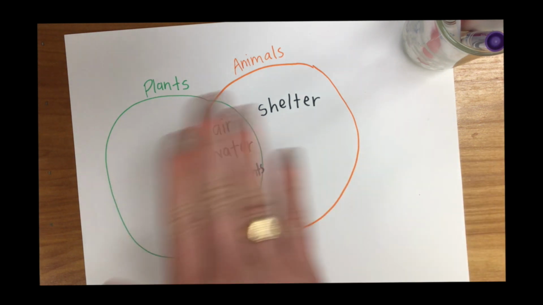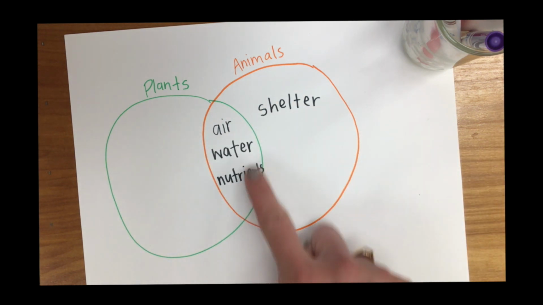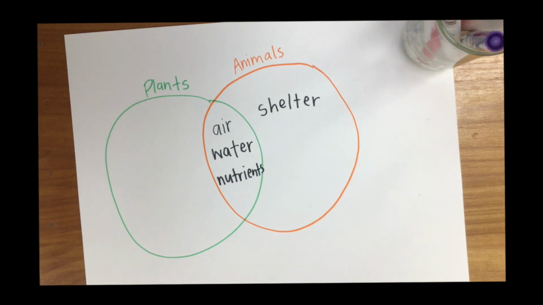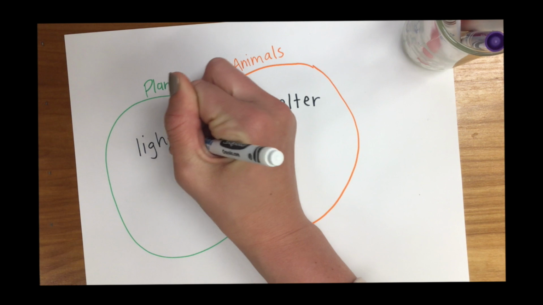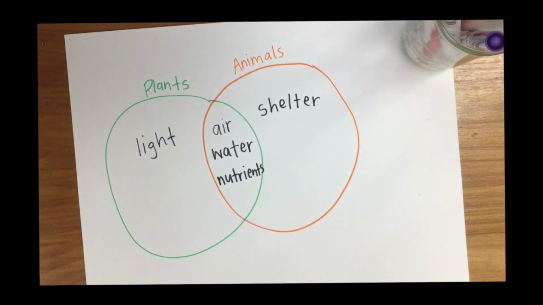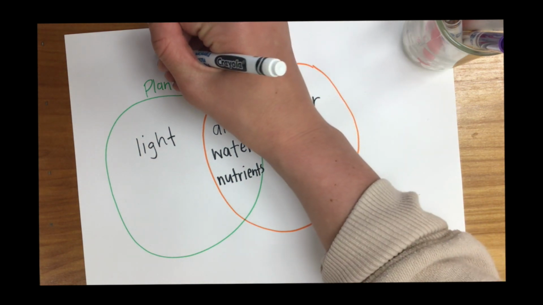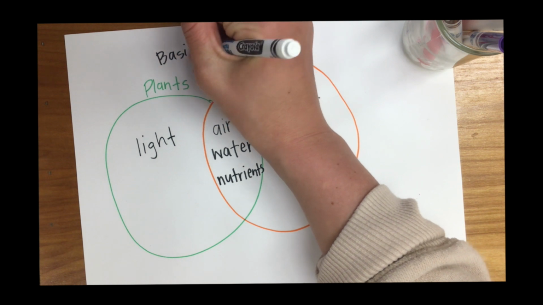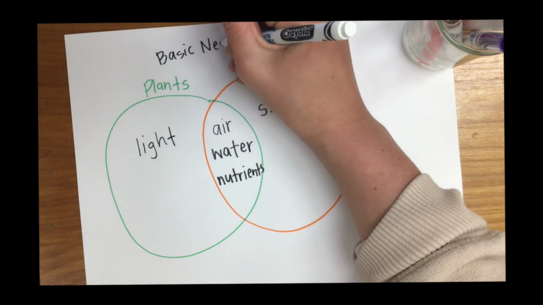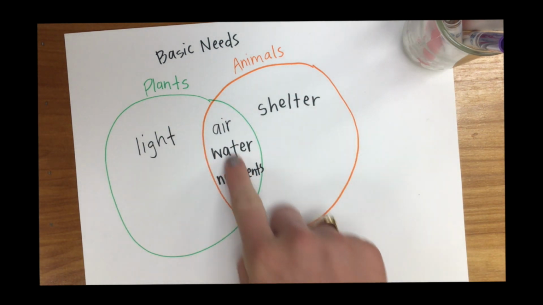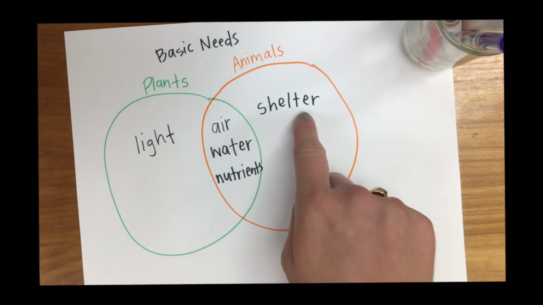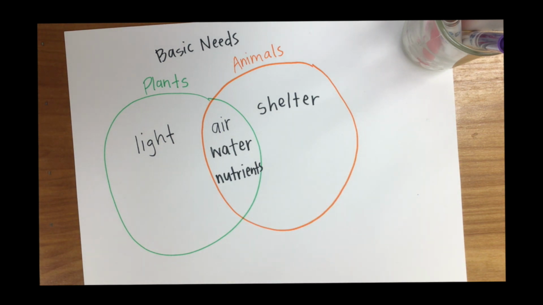They get the nutrients in different ways, but they both need nutrients. That's the same. And then finally, plants need light to survive so that they can do photosynthesis. So these are the basic needs of plants and animals. I see the similarities and the differences using this Venn diagram.